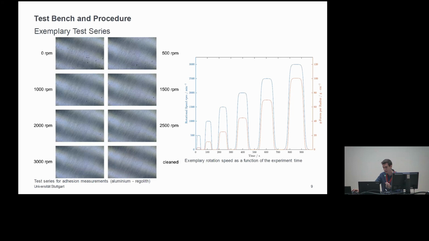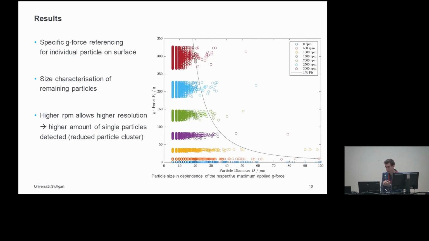You can now assign each particle an applied g-force and its diameter and plot it in this graph on the right. Now you can see which particle sustained a specific g-force, and as a result, you can approximate a specific adhesion force.